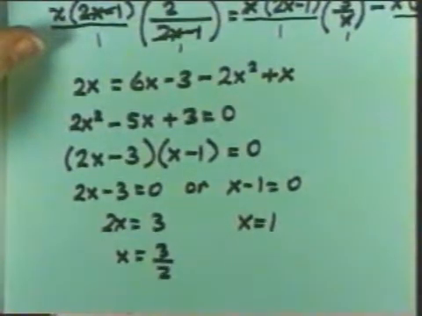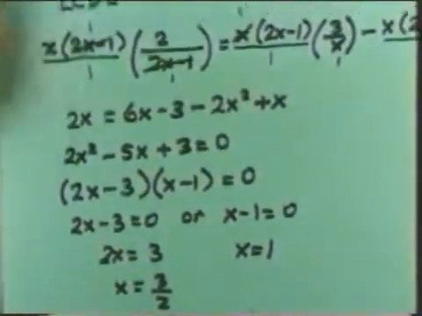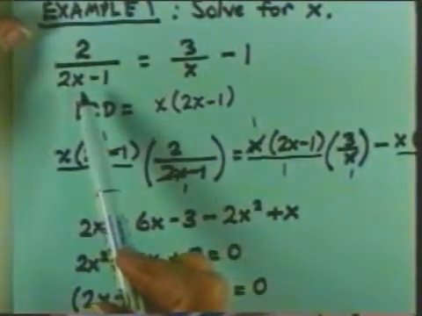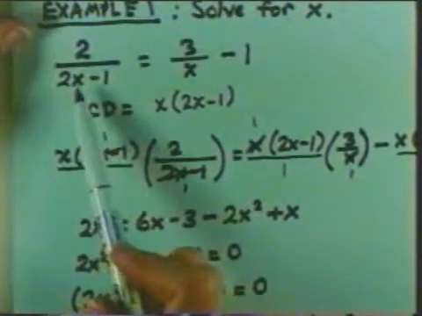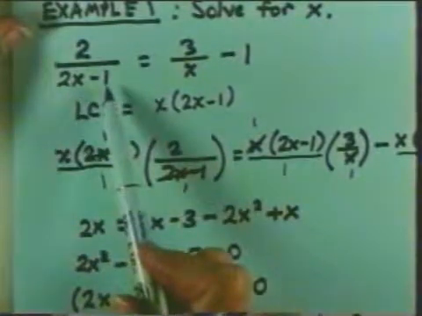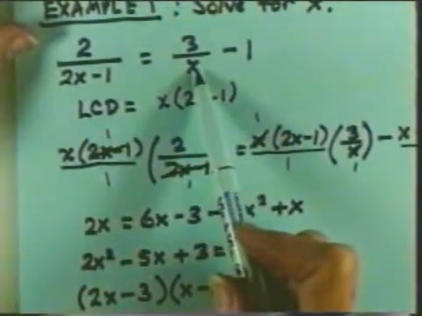Finally, in this equation, we must make certain that neither of these numbers will make a denominator equal to 0. If we begin with the 3 halves, go back to the beginning, notice that when we fill in 3 halves for x in the first fraction, we get 2 times 3 halves, which is 3, subtract 1, which is 2. That's not 0. Filling in 3 halves for x, of course, we get 3 halves.